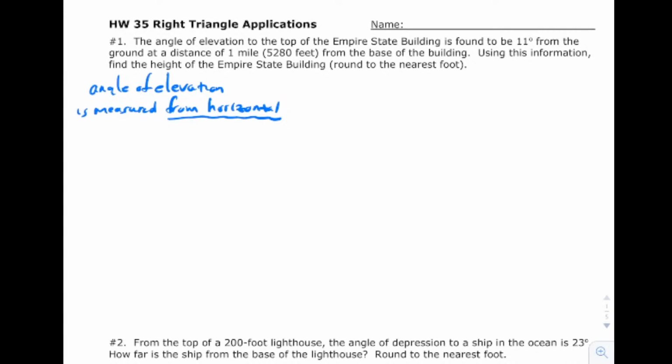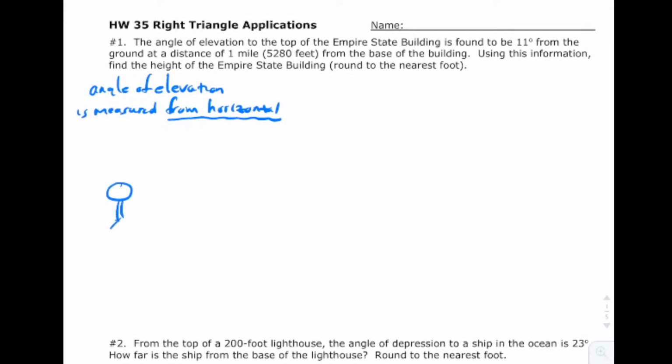Just picture yourself looking straight out horizontally. So this is you, and this is your eyeball right there. You get a nice big eyeball. And so if you were to look straight ahead, this is the horizontal direction, right? This is the horizontal. Angle of elevation would mean that angle right there. That is the angle of elevation.